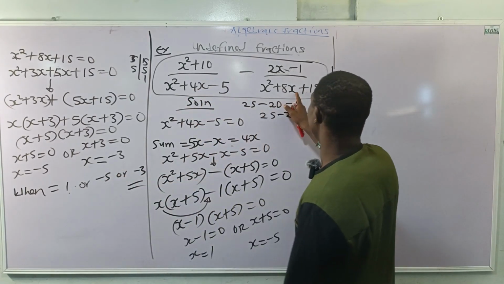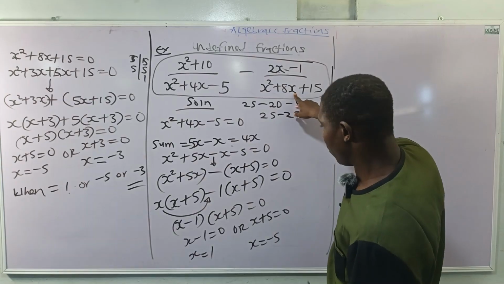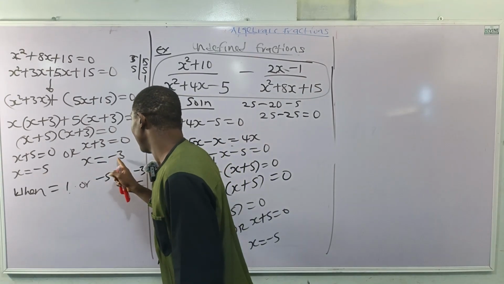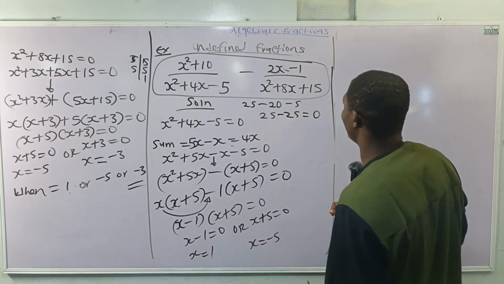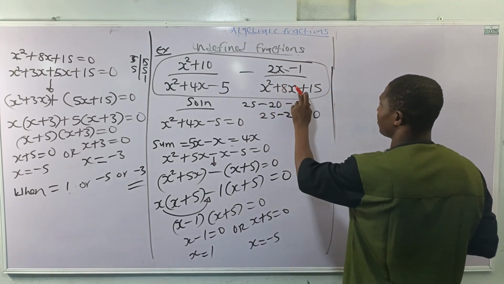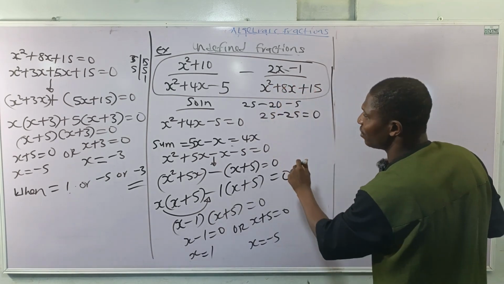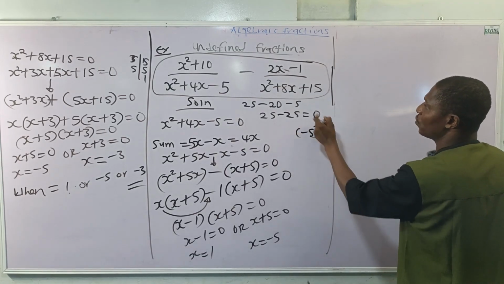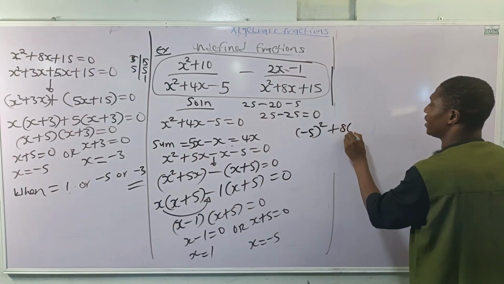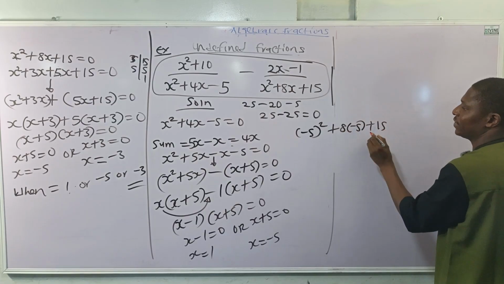And if we come to this side, if we still put our x, since we got minus 5 and minus 3 here, we'll get the denominator to be equal to 0. Check, x squared plus 8x plus 15 when x is minus 5. We have minus 5 squared plus 8 times minus 5 plus 15.